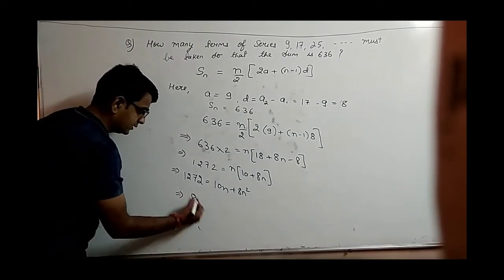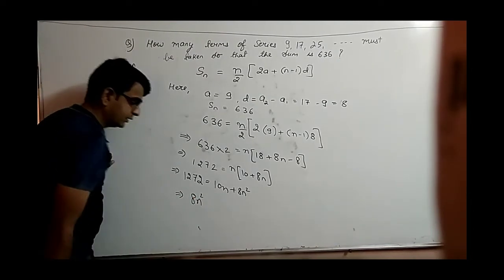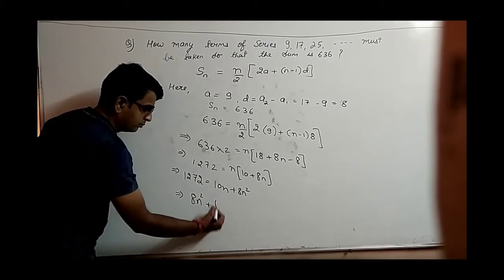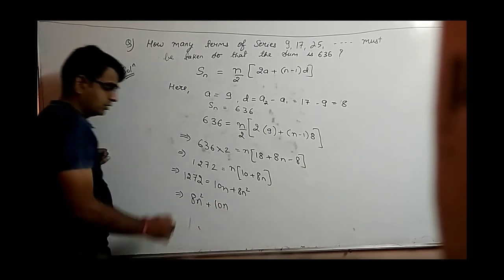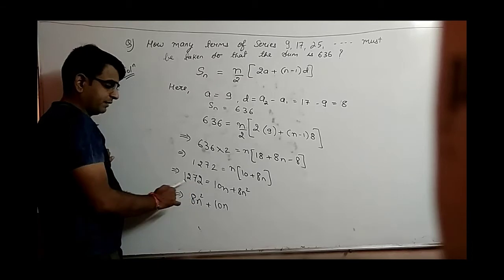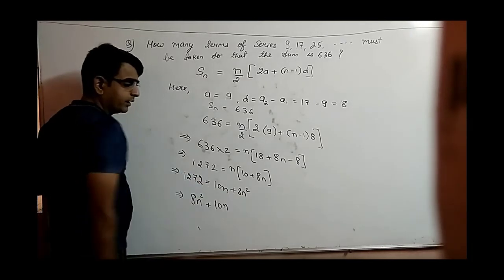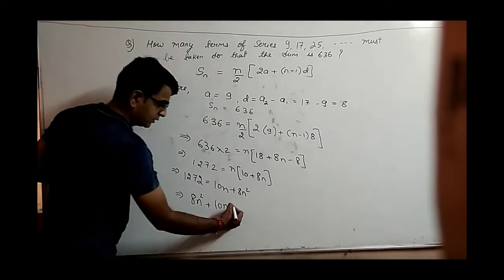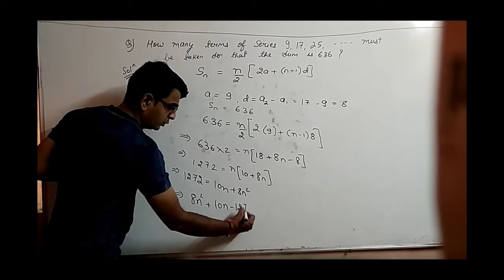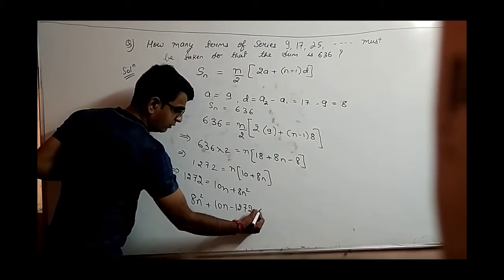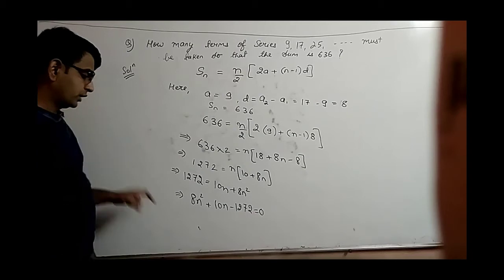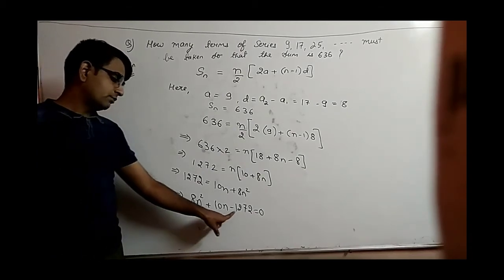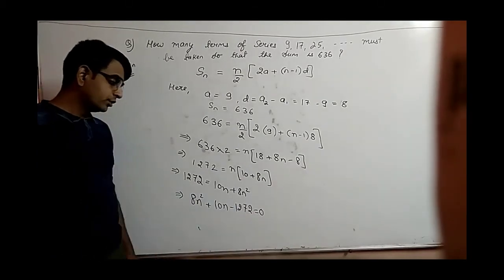So I can write this as 8n square plus 10n, and since this 1272 I am shifting to that side, it becomes negative. So minus 1272 is equal to 0. Okay, 8n square plus 10n minus 1272 is equal to 0.